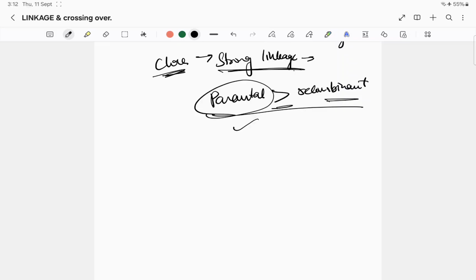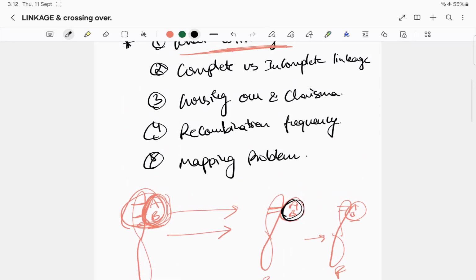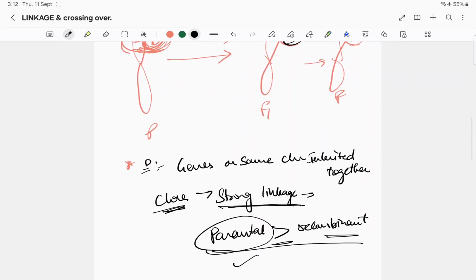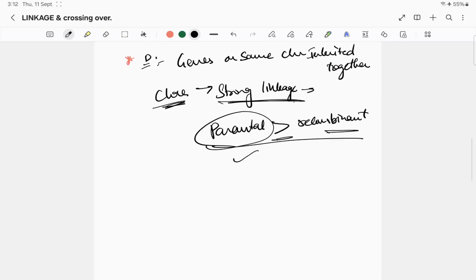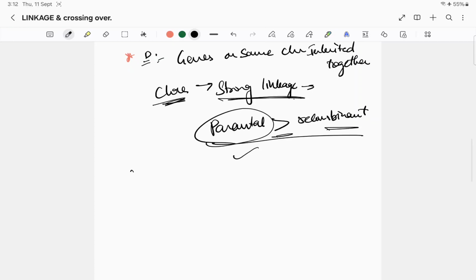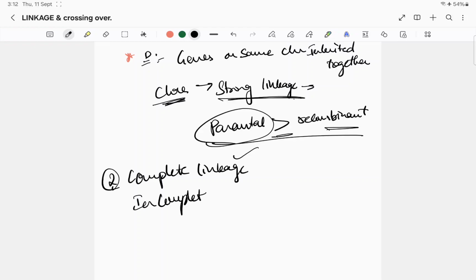Now this one has been covered. Now we'll see the types of linkage. We see two broad types of linkages: first one is complete linkage and the second is incomplete linkage.